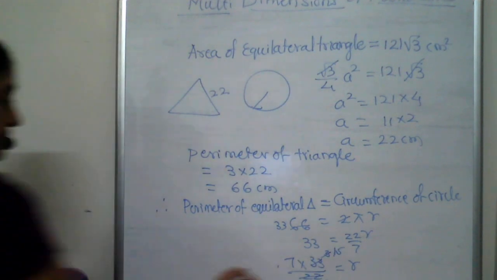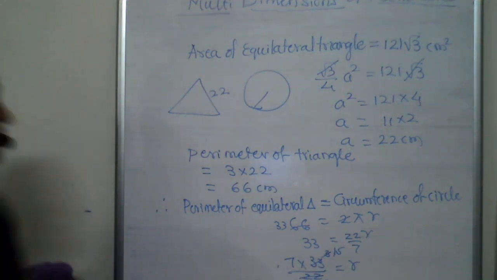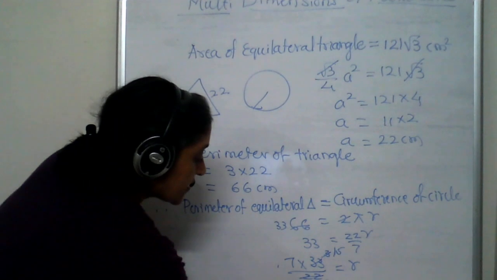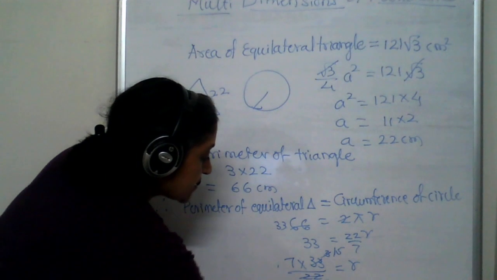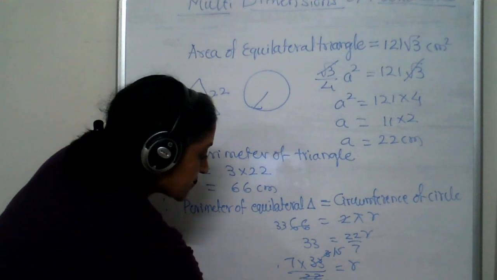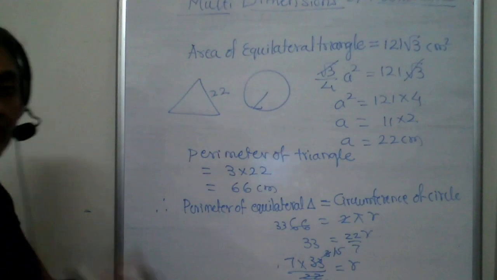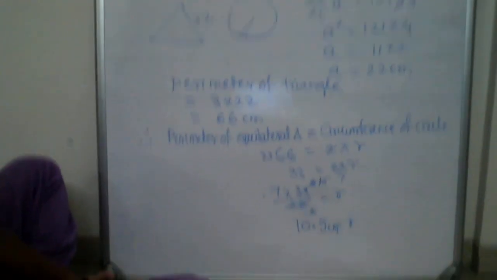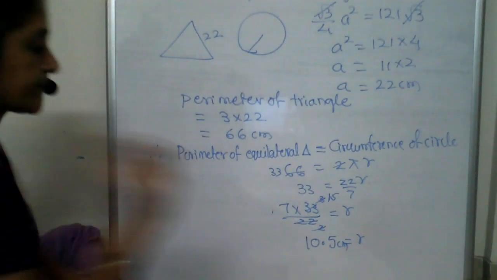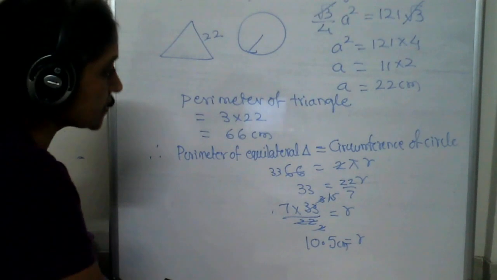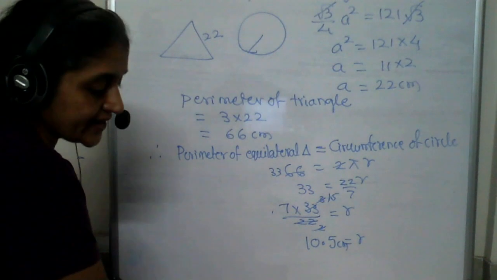So again it is what? 15 sevens are 105. 10.5 is the radius. It is in centimeters. Now once we know the radius of the circle, we can find the area of the circle.